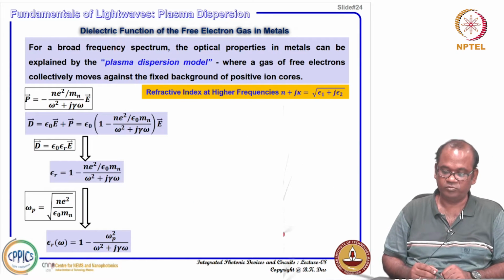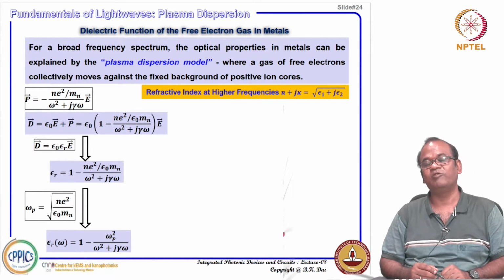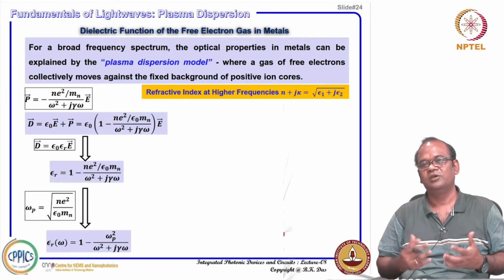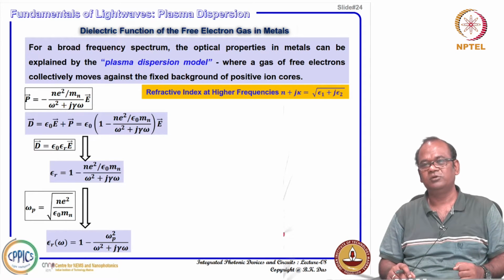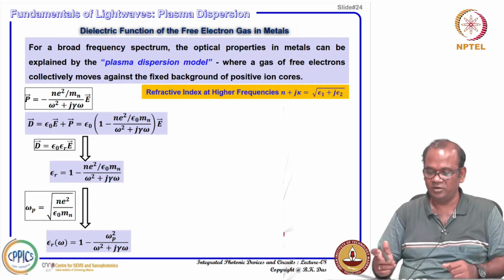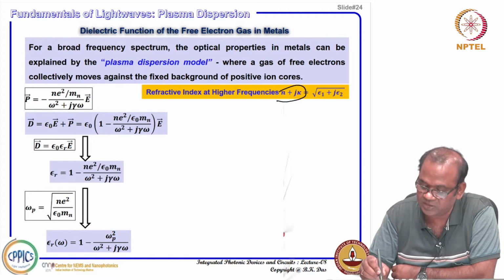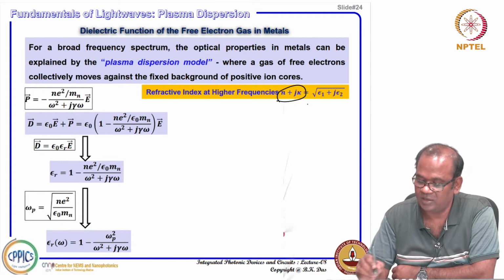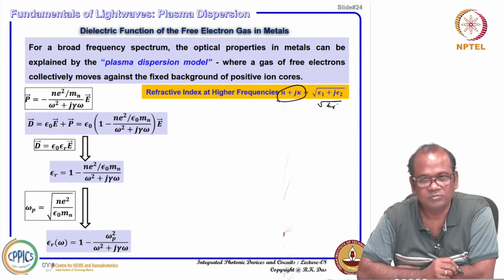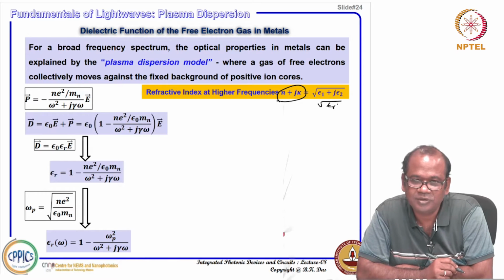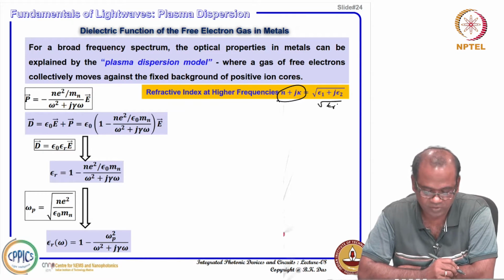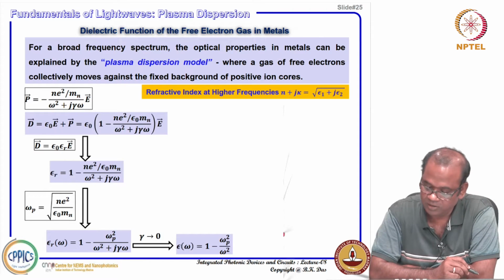Okay. Now, refractive index at higher frequencies. I would like to find the refractive index now. The loss coefficient is fine, but the refractive index we can express like this, right? That is just the square root of epsilon r, the dielectric constant; whatever dielectric constant you get, the square root of that gives the refractive index. Okay.